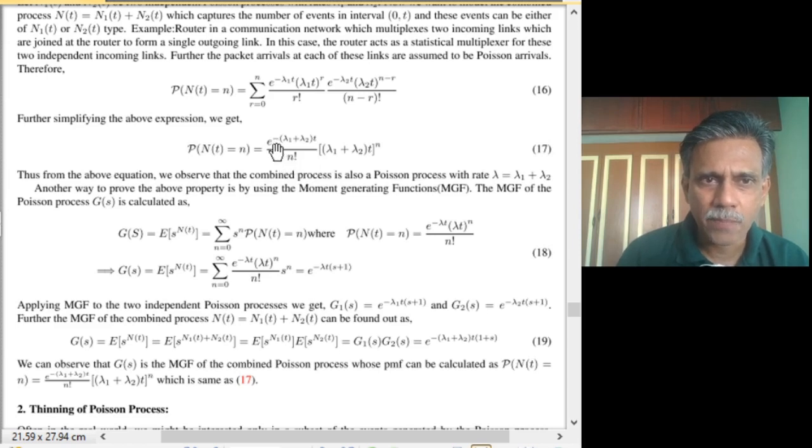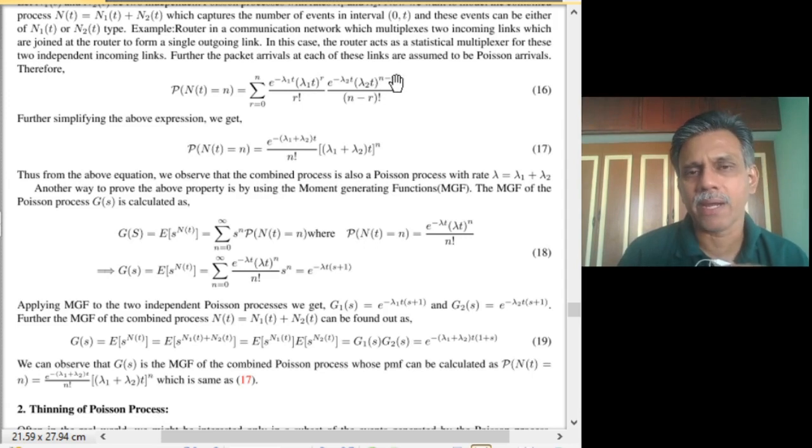So we will have e power of minus lambda 1 plus lambda 2 into t divided by n factorial, and within the summation we will now have n factorial divided by r factorial into n minus r factorial, which is nothing but nCr, times lambda 1 t power r into lambda 2 t power n minus r, with this sigma.